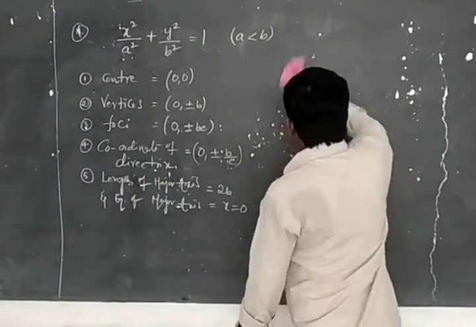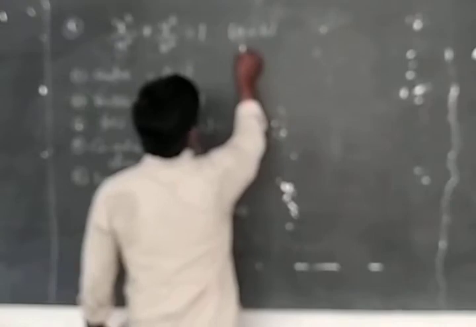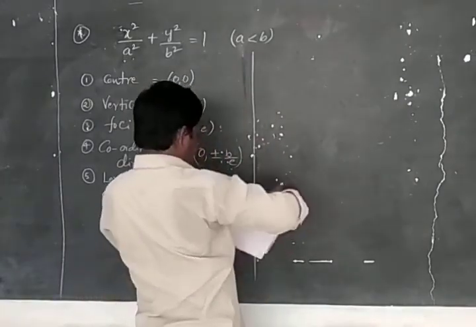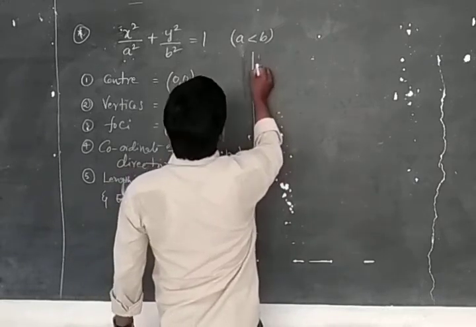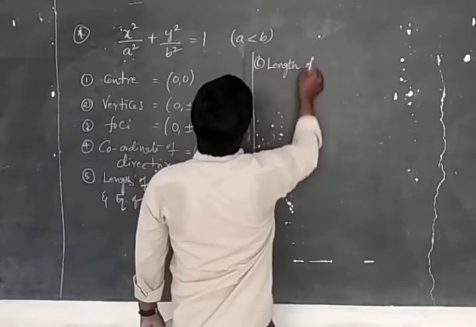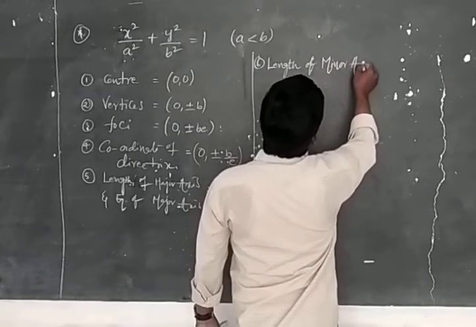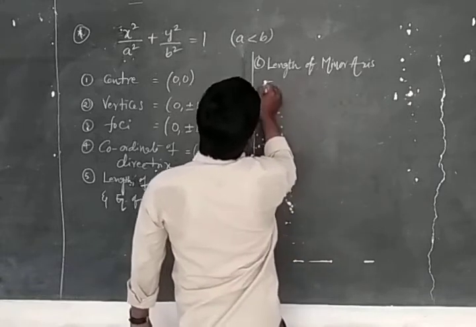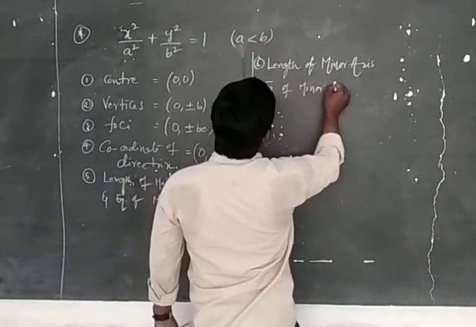And next components: sixth one, length of minor axis and equation of minor axis.